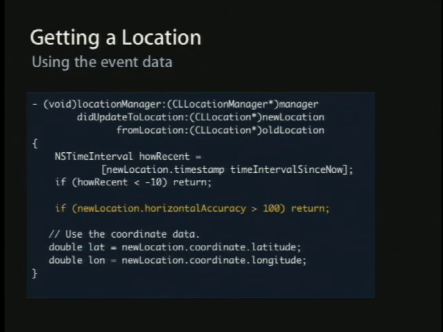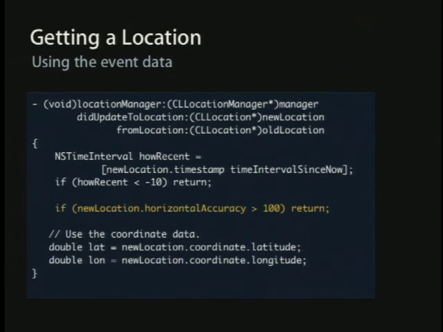And then there's also the horizontal accuracy, which is especially interesting because it gets back to this question: are we using cell or Wi-Fi or GPS? The horizontal accuracy is going to tell you how confident Core Location is in the location it just told you. In this case, we are going to filter out any notifications with horizontal accuracies greater than 100, and this is in meters.